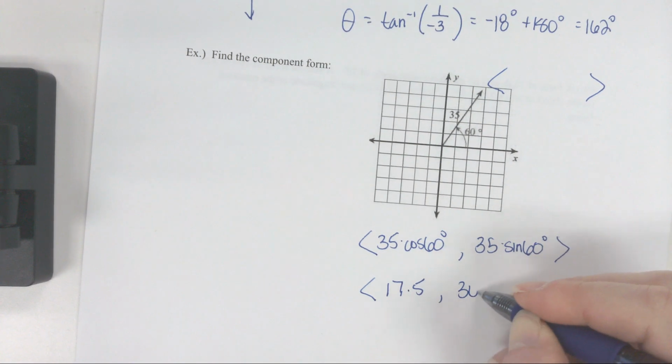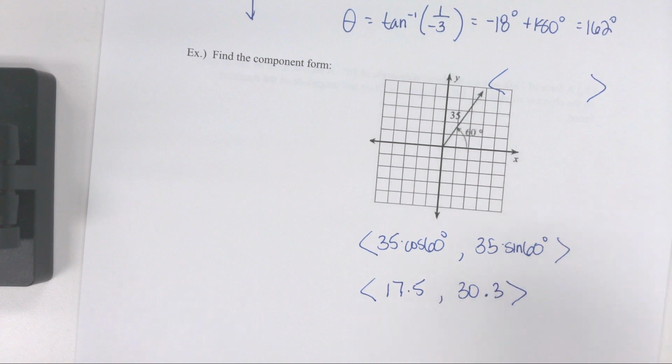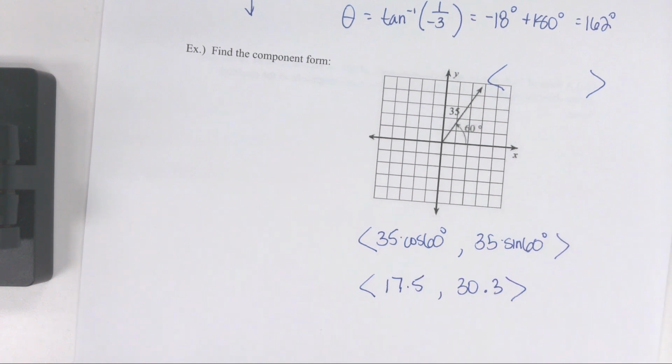I got 17.5 and 30.3. Because I'm a fast typer. Okay. But I'll wait. How are we doing? Did you get the same thing?